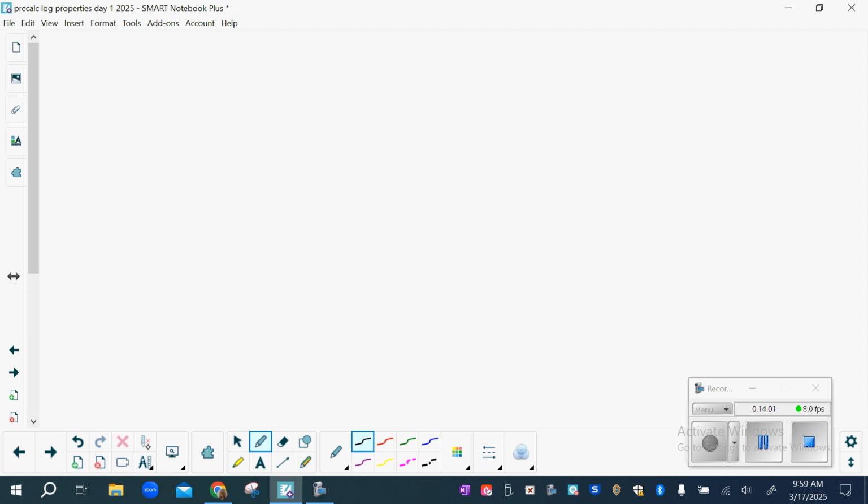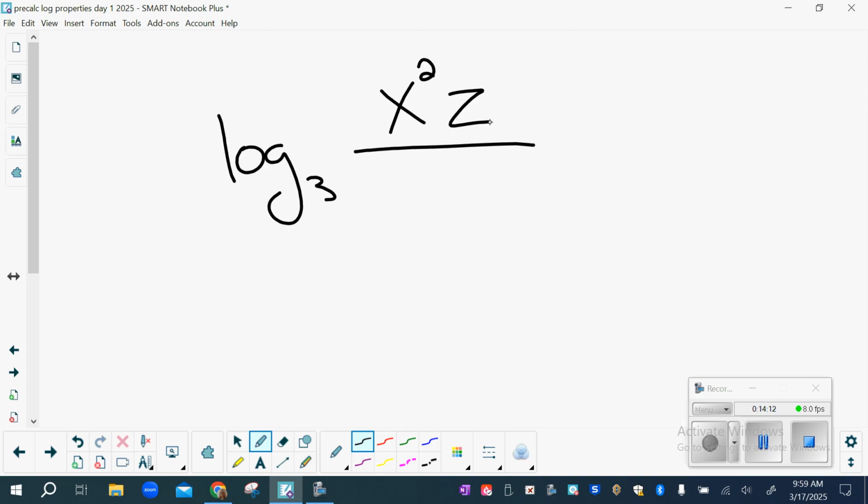I love this one. You have 2 ways to do this problem. One is really easy, just adding and subtracting.